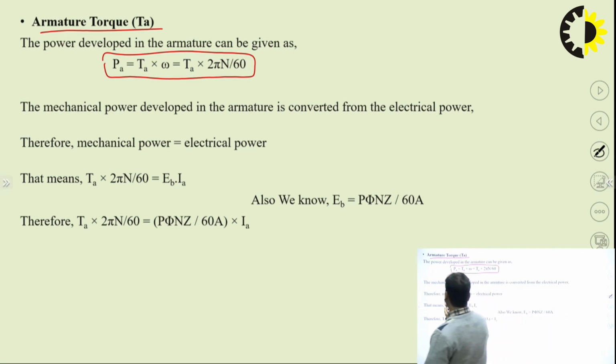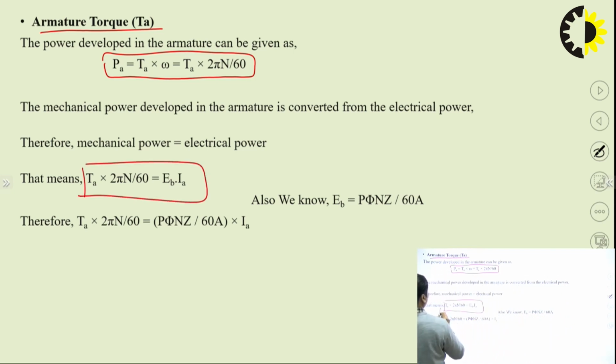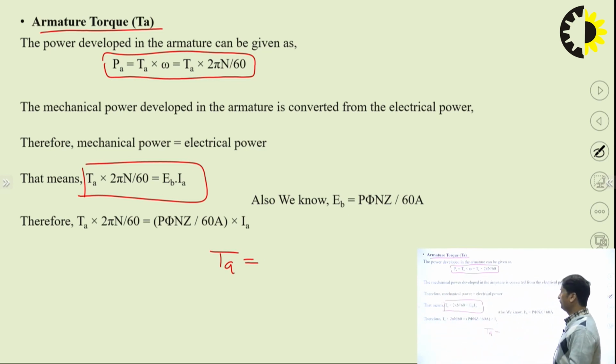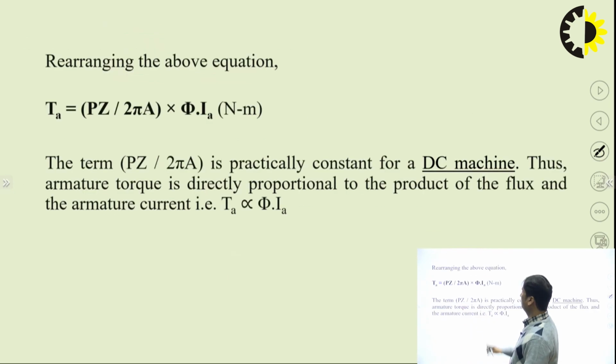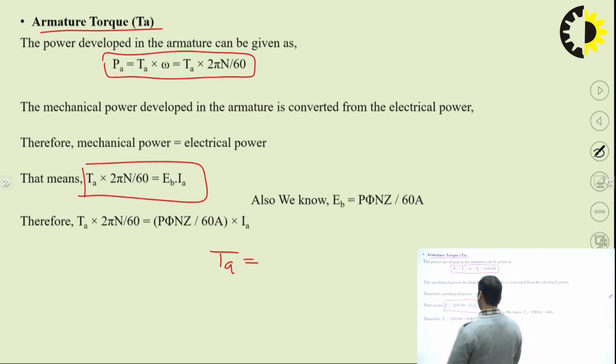When we equate these two, the power developed in the armature and the electrical power, we get the torque expression. You can also replace the back EMF by its expression, and you will get the torque equation like this. So the torque will be equal to 2 pi.